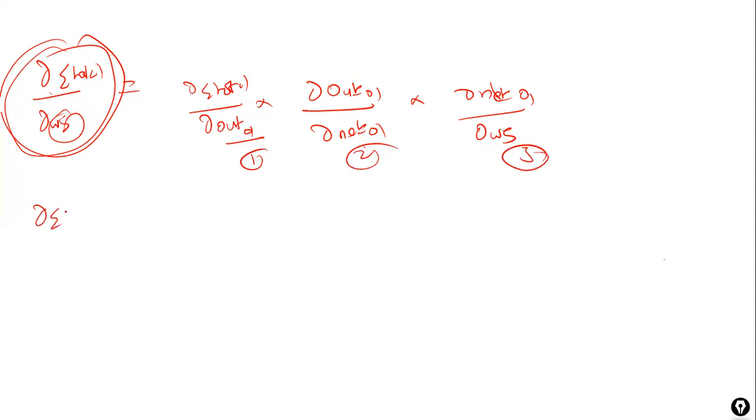So ∂E total with respect to ∂out O1. So what is this here? 1 by 2 into the actual minus predicted. Predicted is nothing but out O1, right?